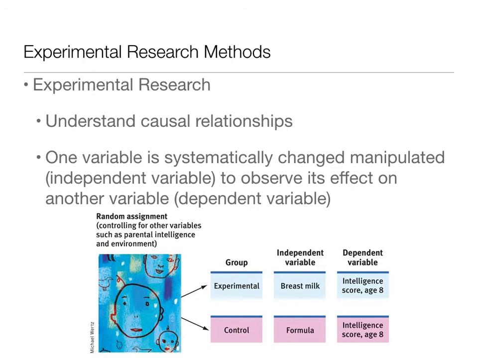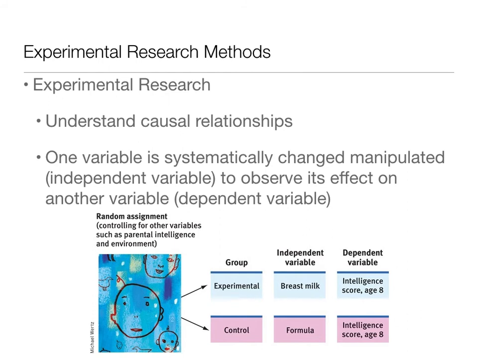Now, you can already see there's going to be design issues with that. That's not going to work out well. But if you did those two things, and you did get it to work out well, and then you took intelligence scores at age 8, you could start to look at if breast milk does have a positive effect on intelligence, which there is some research to suggest.